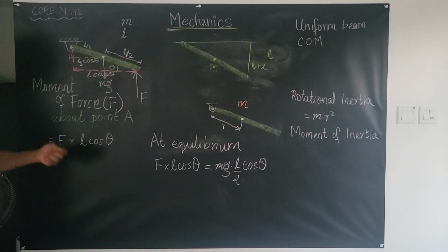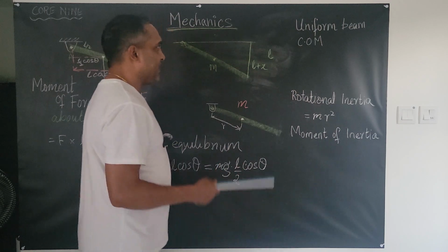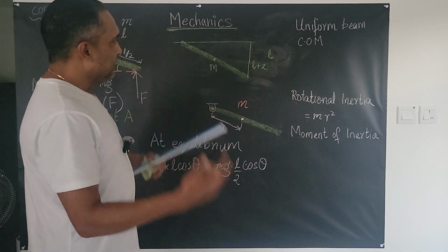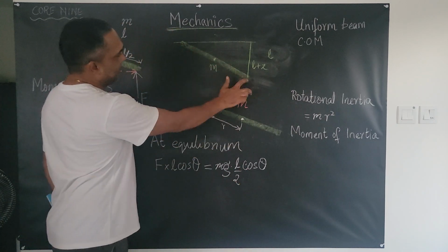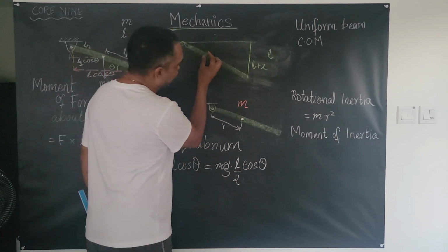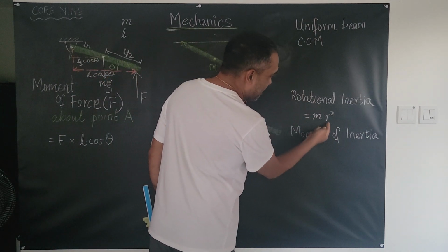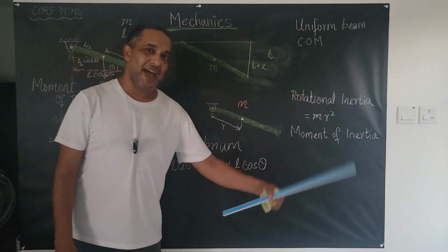So remember the term, uniform beam. Classic question: when you say uniform beam, basically center of mass is at its center. That's a given. If it's a non-uniform beam, then its mass distribution is different, so its center of mass is shifted away. And then when you do moment of inertia, this term R becomes known as the radius of gyration.